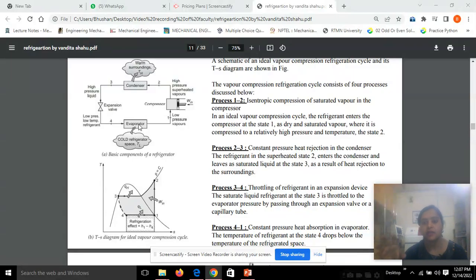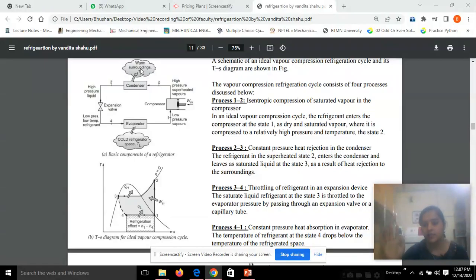That refrigerant is circulated in the cycle, and that refrigerant removes the heat from the substance. After removing the heat, the refrigerant goes to the compressor. Here in the compressor we give the work input. After the compression, the refrigerant goes to the condenser where it rejects the heat to the atmosphere.